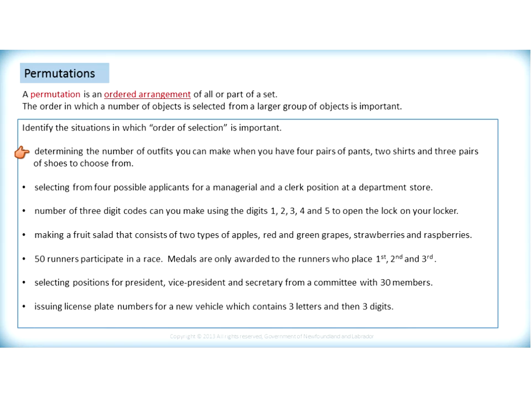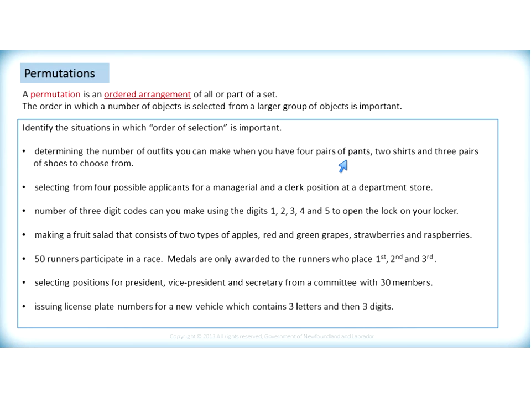So in the first example, determining the number of outfits you can make when you have 4 pairs of pants, 2 shirts, and 3 pairs of shoes to choose from. Notice in this case that order does not matter because you could select the shirts, then the shoes, and then the pants.